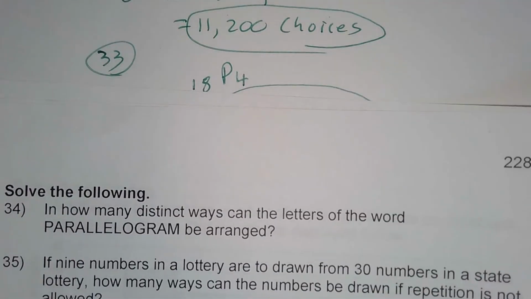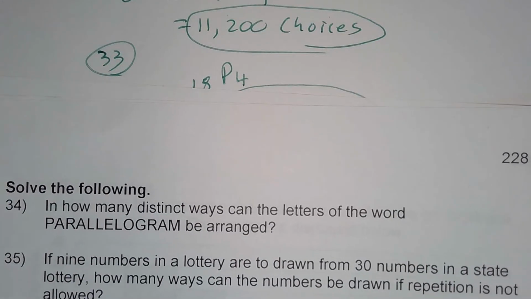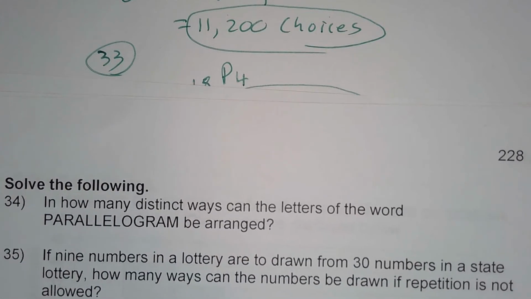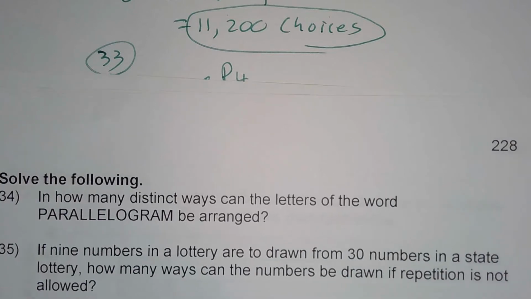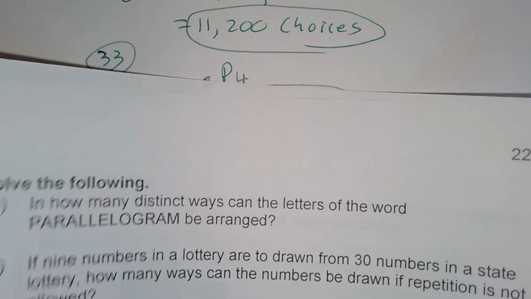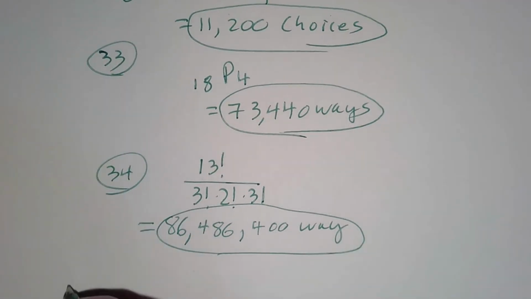All right, number 35. 9 numbers in a lottery are drawn from 30 numbers in a state lottery. How many ways can numbers be drawn if repetition is not allowed? So this is now a combination. We have 30 numbers we're picking from, and we are picking 9 of them.